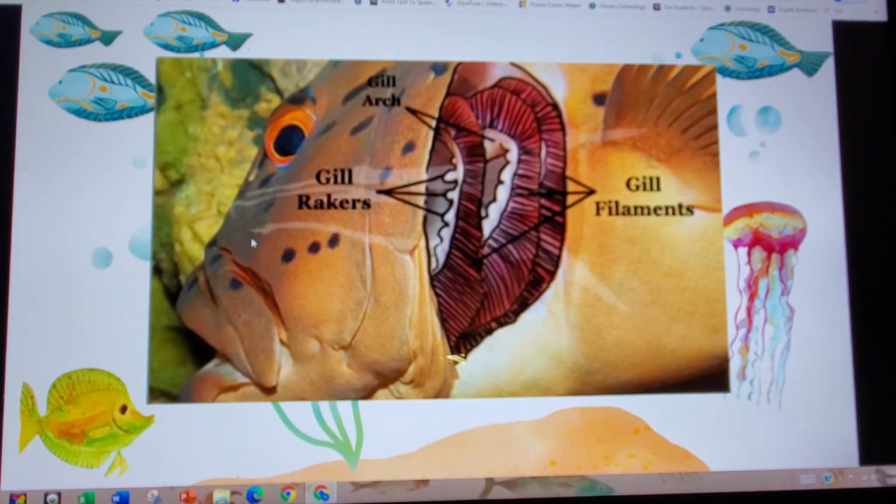So the water is going over these areas where you see it's really red. Why? Because all the blood vessels are there. And remember, your blood vessels are what pick up oxygen from your lungs. It's picking up oxygen from its gills to then take to the rest of the body.